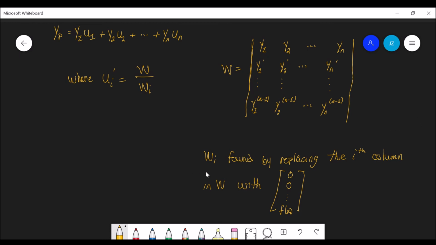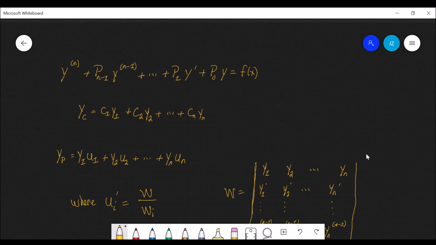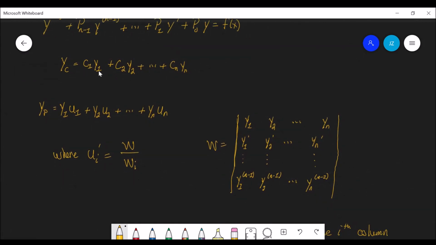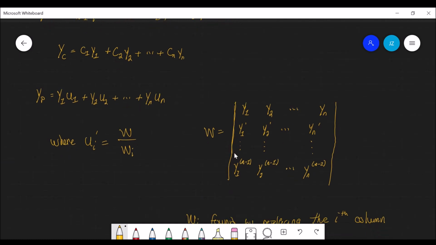So, for example, if this was a fourth order differential equation, we would have 4 y's. So we'd have a u1, u2, u3, u4, where ui prime was w over wi. So you'd have 4 of these w sub i's. Your w would be a 4x4 matrix, going down to the third derivative.